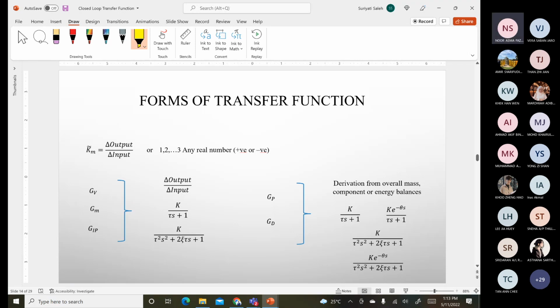If we refer to the third edition textbook, it is in chapter 10, page 176.